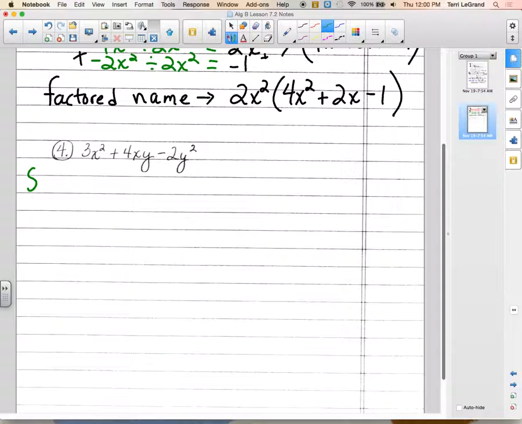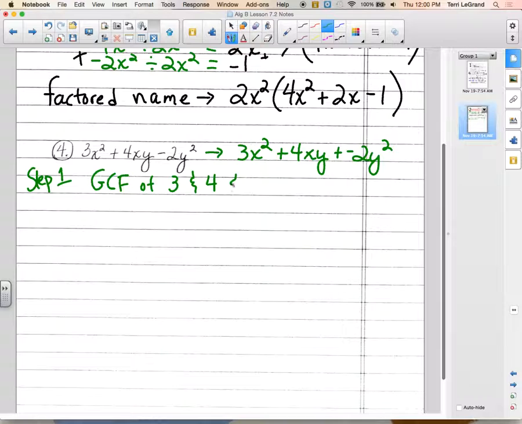Step 1. Oh, we can't yet. We haven't changed it to add the opposite. 3x squared plus 4xy plus -2y squared. So we want the GCF of 3 and 4 and -2.